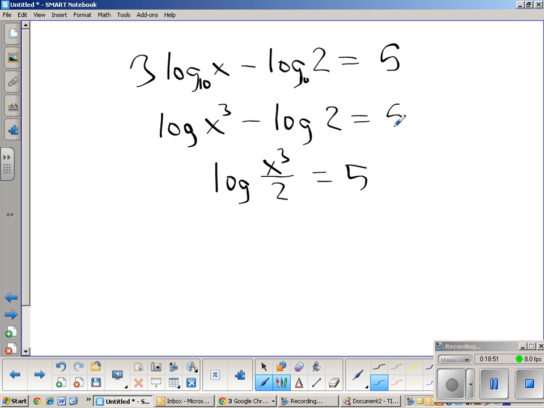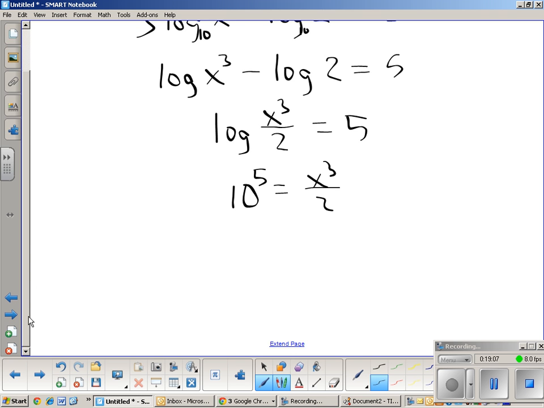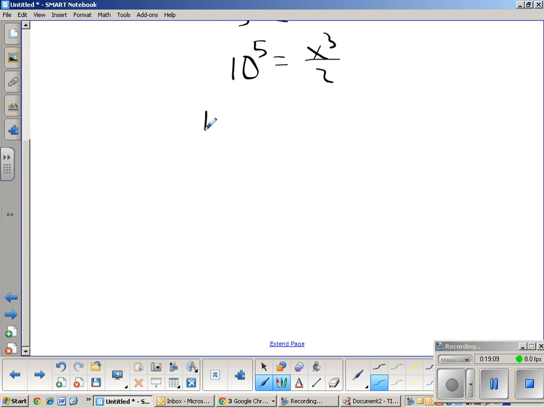Now what's the base? 10. So 10 to the 5 power equals x cubed over 2, right? So 100,000 times 2. No, it's 100, 5 zeros.